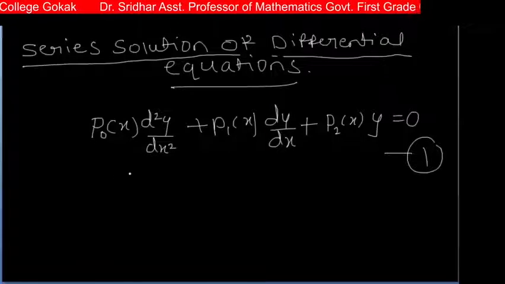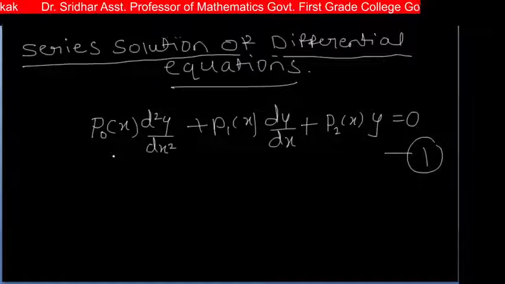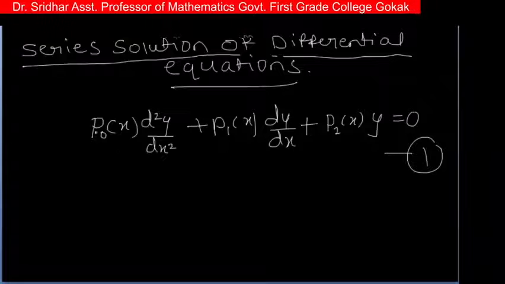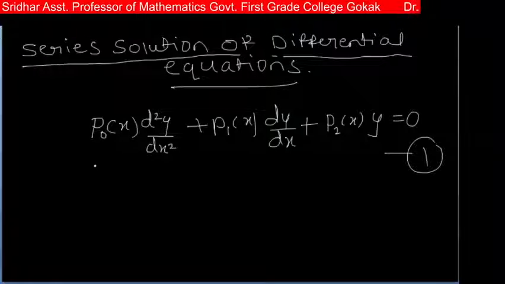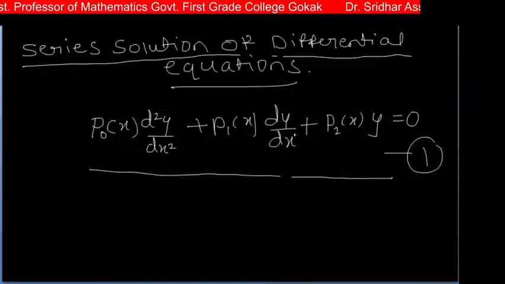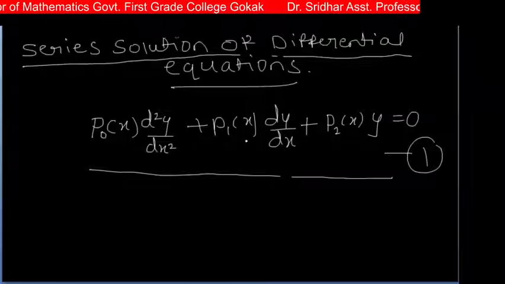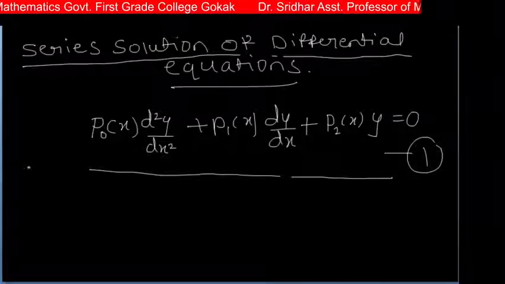So in this method we are going to learn the method of solving such type of differential equation. So it's one type of differential equation, where P0 of x, P1 of x and P2 of x all are functions of x.